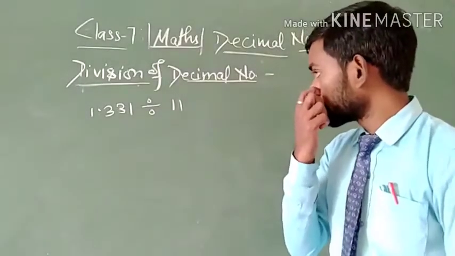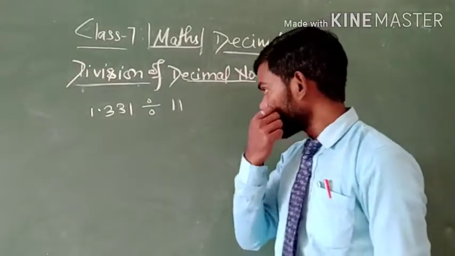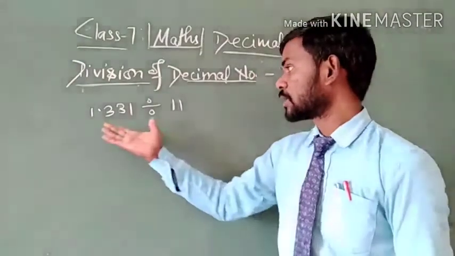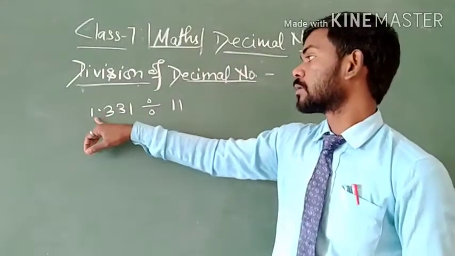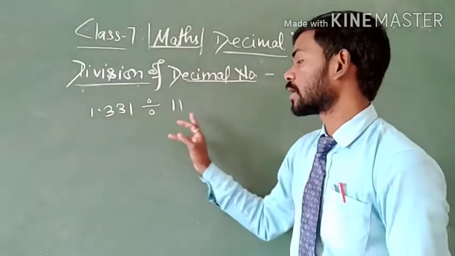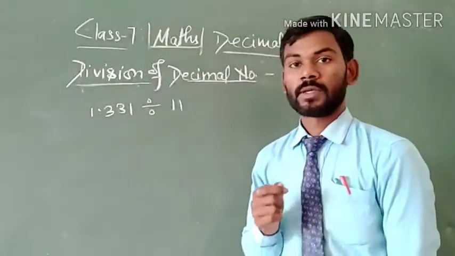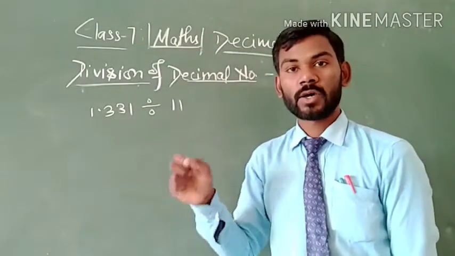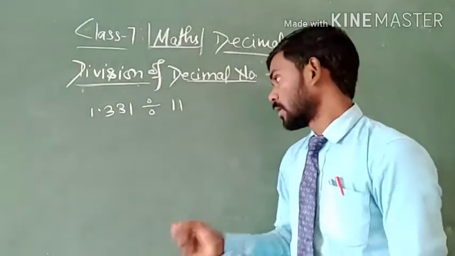Here you can see that there is a division given in which the dividend is 1.331 and the divisor is 11. So this is the division of decimal number.